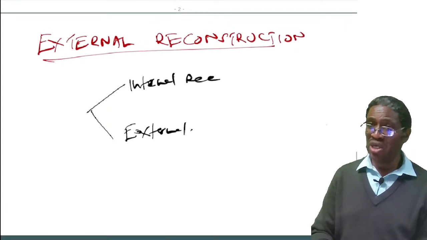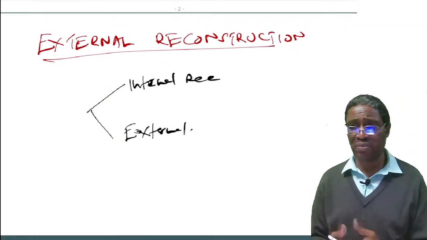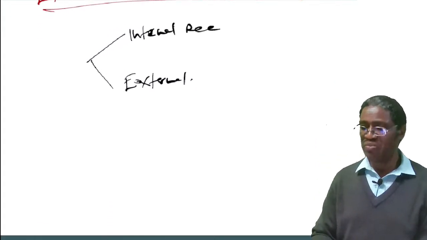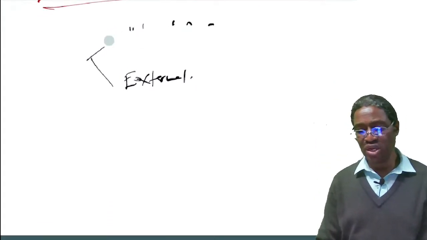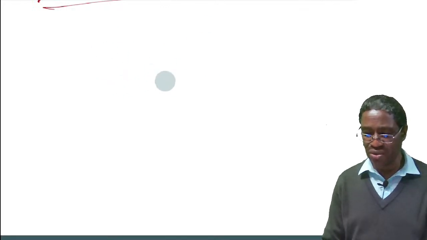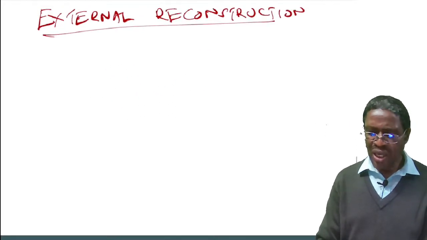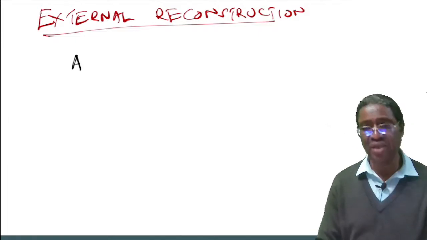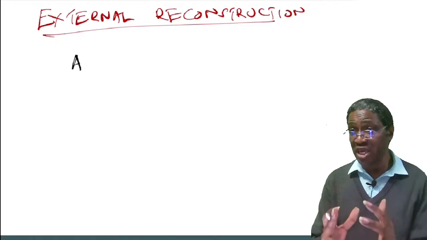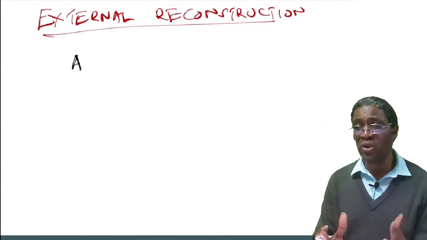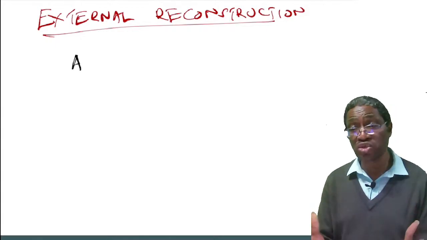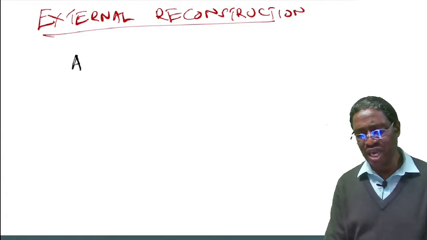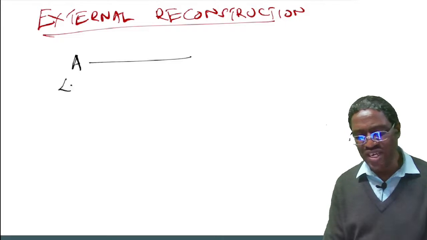So today we want to look at how to reconstruct a company through external reconstruction. Let me introduce how. I want to start by assuming that we are reconstructing a company called A. This company has been making losses, and therefore the most logical way is to reconstruct it. In external reconstruction, company A will be liquidated.